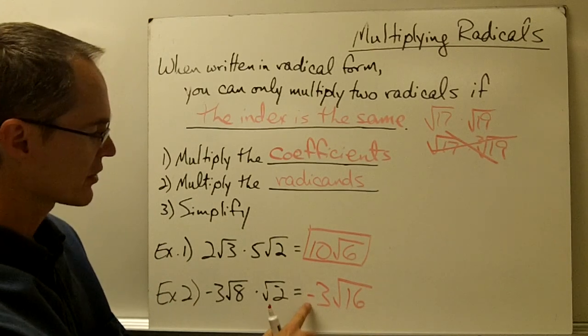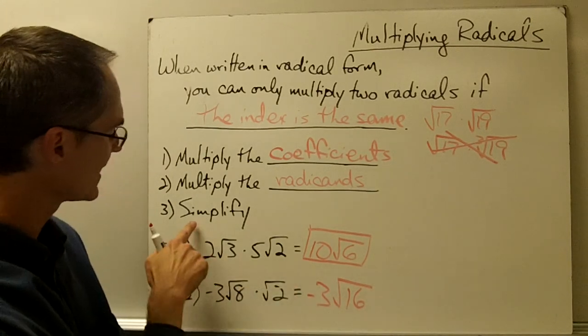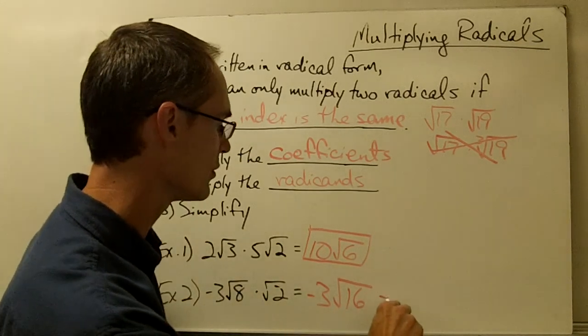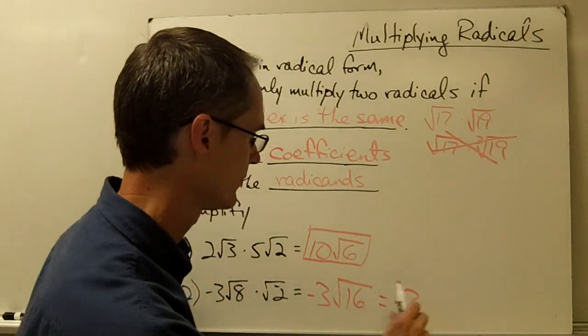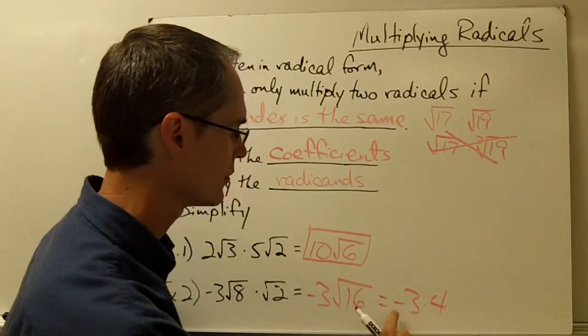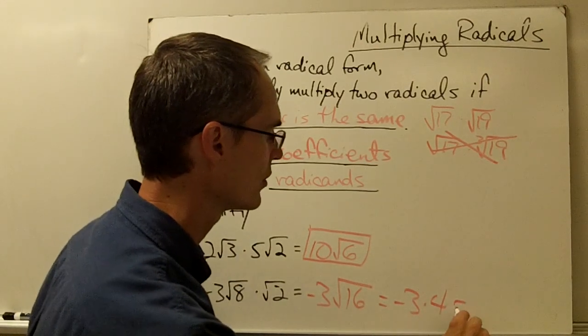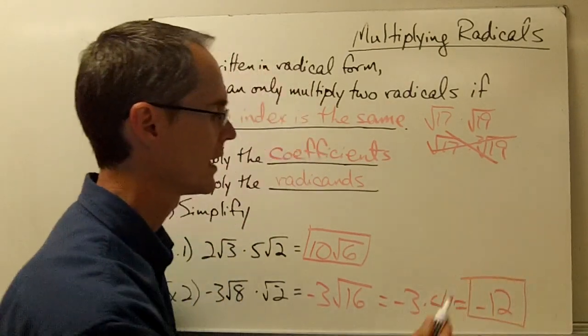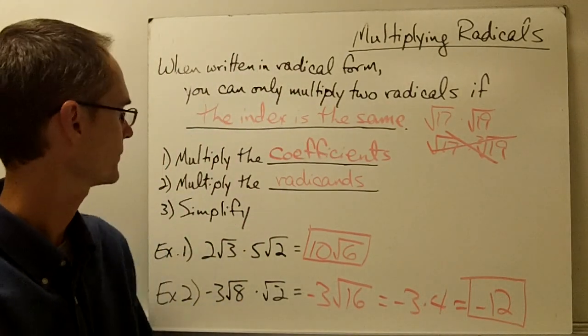Now I see my answer is negative 3 times the square root of 16. I can simplify this expression because the square root of 16 is equal to 4. So negative 3 times 4 would be negative 12, and that would be my final answer.